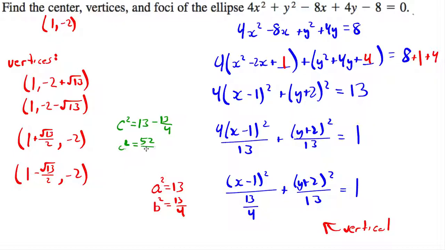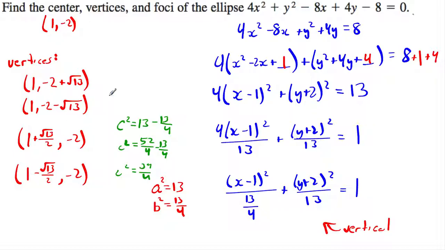So that's going to be 52 over 4, minus 13 over 4. So c squared is equal to 39 over 4. The deeper I get into this, the more I feel like I made a mistake. So if I did make a mistake, please let me know. I'm clearly not catching it right now, but I'm sure I'll probably figure it out later. Hopefully.